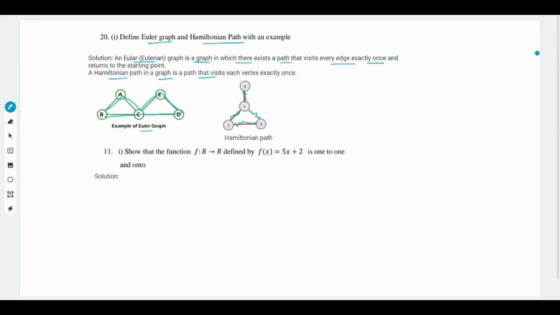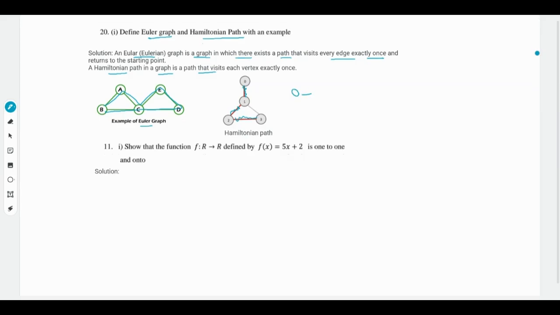We are moving to every vertex, but each vertex should be visited exactly once. When I take this last one, vertex 1 will be visited two times, so it should not happen. So your Hamiltonian path will be from 0 to 1, from 1 to 2, and from 2 to 3.